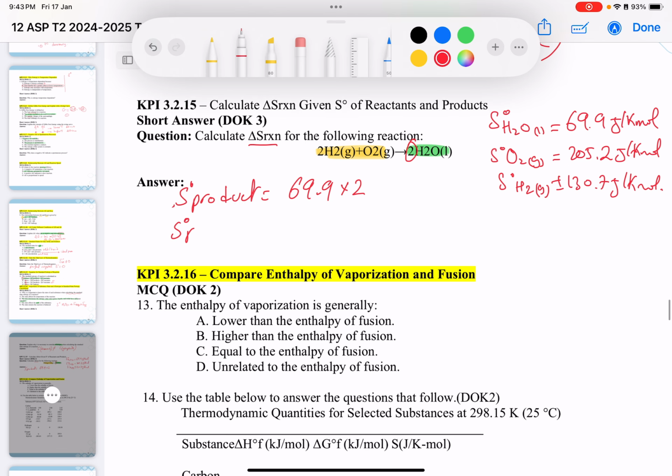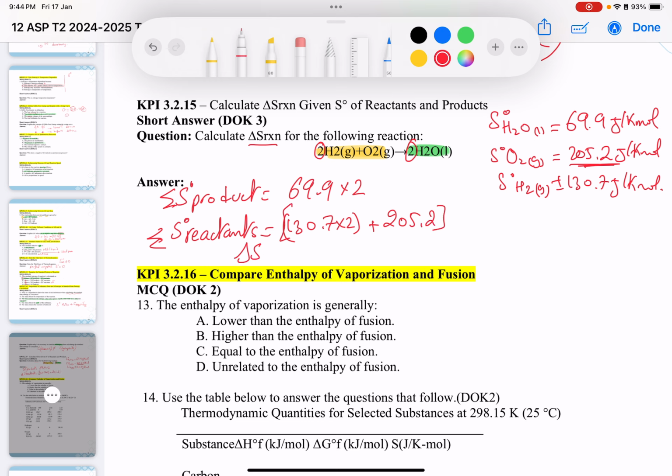The entropy of reactants, the summation, is the one of hydrogen gas multiplied by 2, so 130.7 times 2, plus the one of oxygen, which is 205.2.